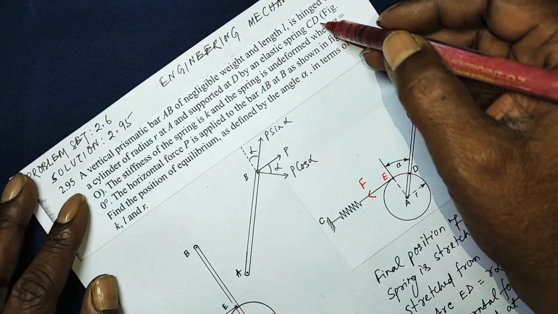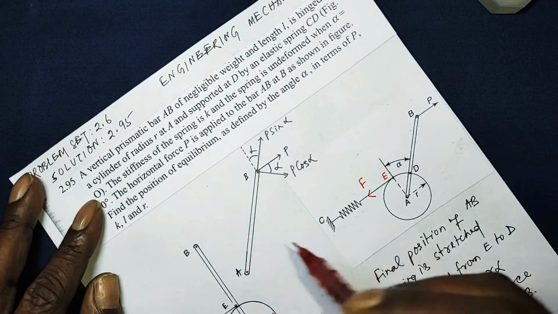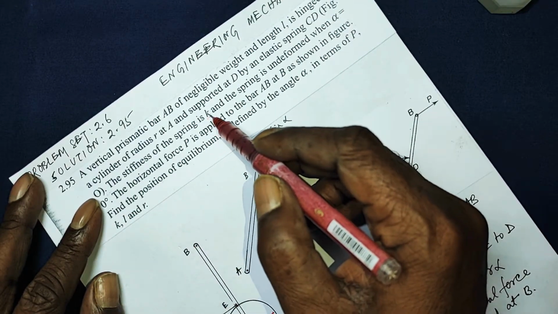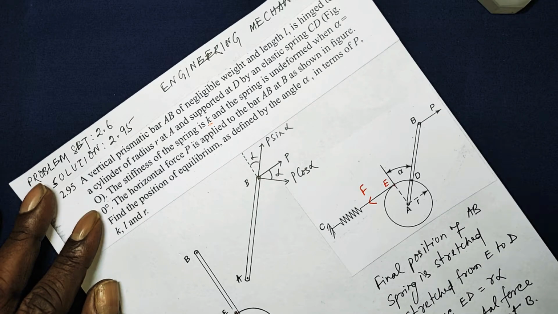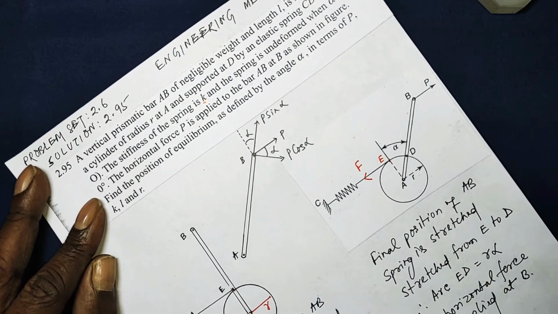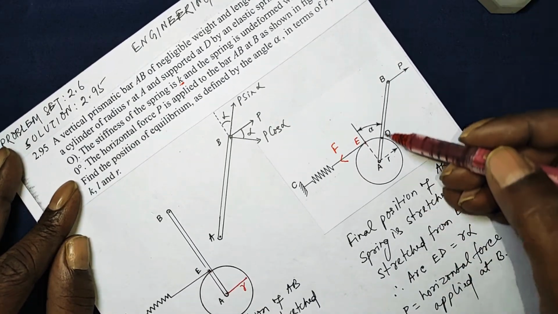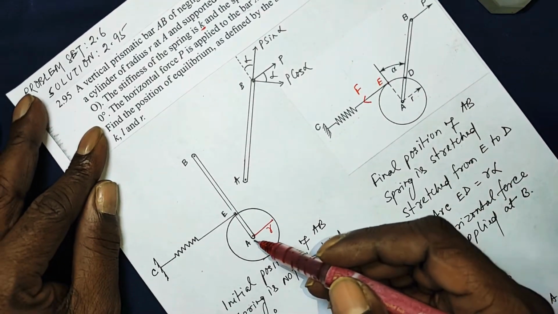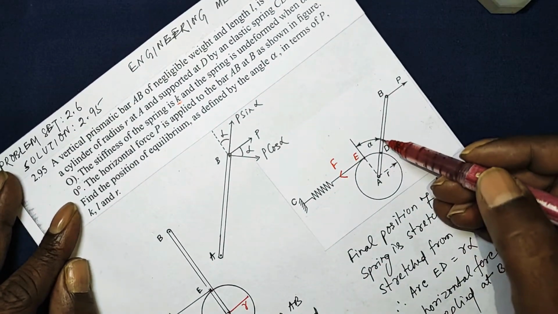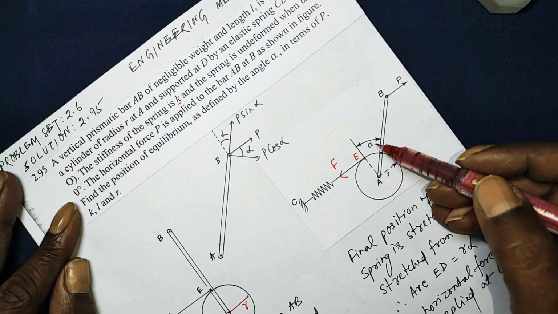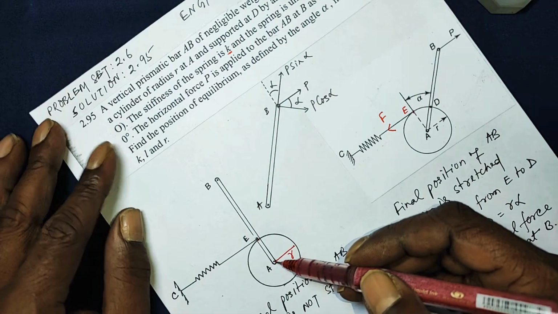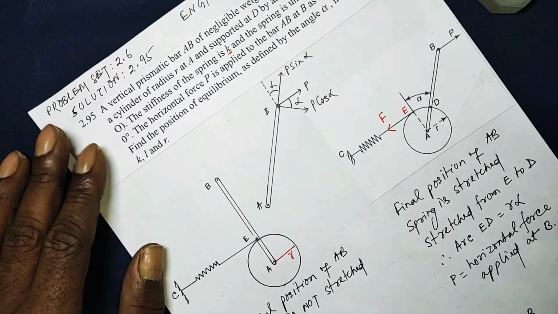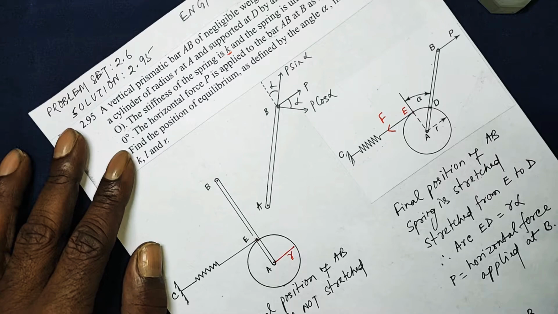By an elastic spring CD, in figure O, the stiffness of the spring is K, that is the spring constant, and the spring is undeformed when alpha is 0. If you look at this diagram and compare with this, when this angle alpha is 0, the prismatic bar is vertical, means the spring has not been stretched, so there is no restoring force here.